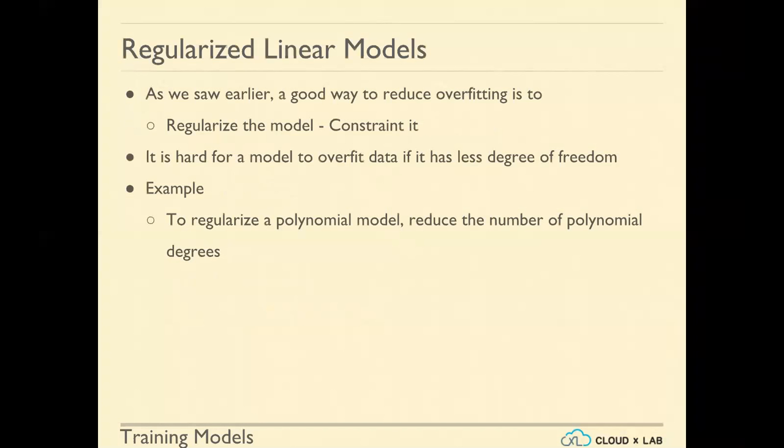As we saw earlier, a good way to reduce overfitting is to regularize the model, constrain it. It is hard for a model to overfit if it has fewer degrees of freedom.